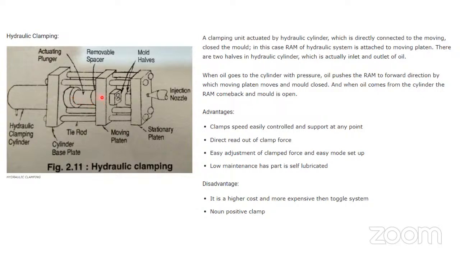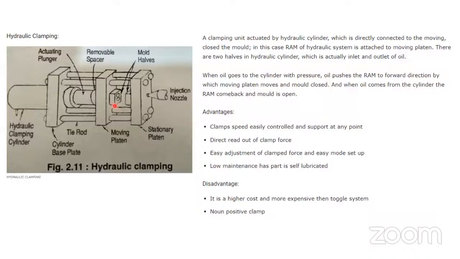The force may vary as per the speed of the oil, not constant, and that's why it is non-positive clamp. Here the clamp force is non-positive. It will not stay at 120; a little plus minus, it will be happening there in a direct hydraulic system.